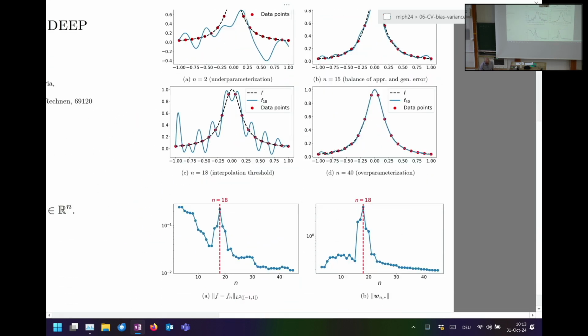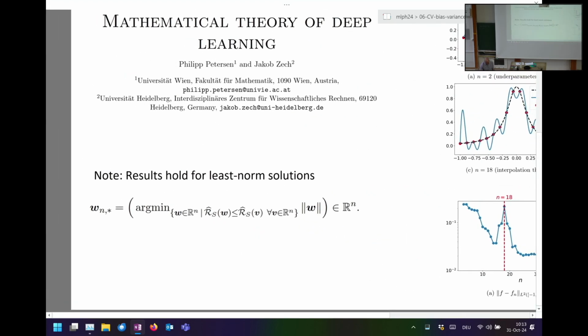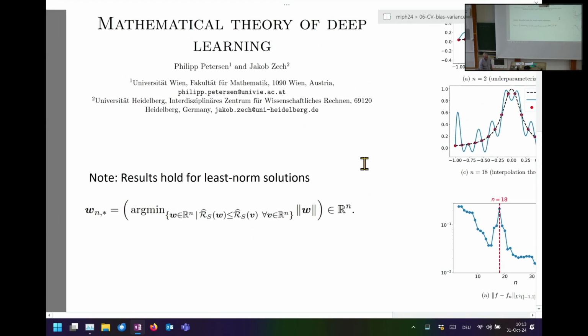This phenomenon is produced only if the least norm solution is found. So, of course, if we have 18 measurements and 40 unknowns, we have too many degrees of freedom. And so out of this family of solutions that have zero training error, we can pick the solution that has the smallest sum of squared coefficients.